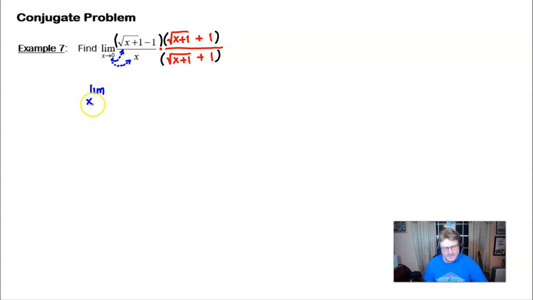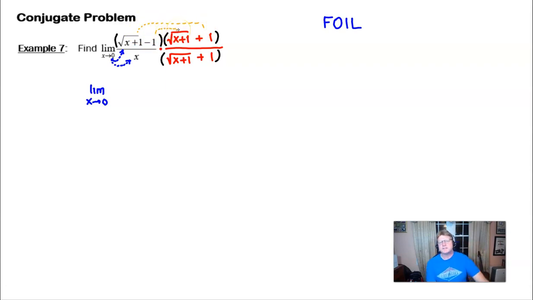And so we've got our limit as x approaches 0. Now, when we look at the numerator, you've got to think back to your algebra courses. Whenever you multiplied two binomials together, you had to do that word, that FOIL word, if you remember, right? F-O-I-L, right? But if you look at this very carefully, something interesting happens with the outside term and the inside terms.